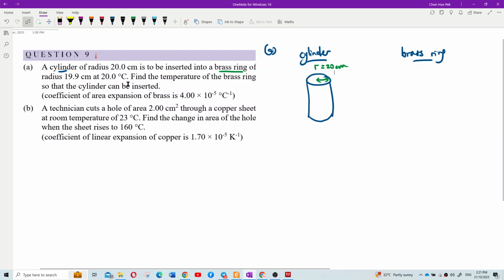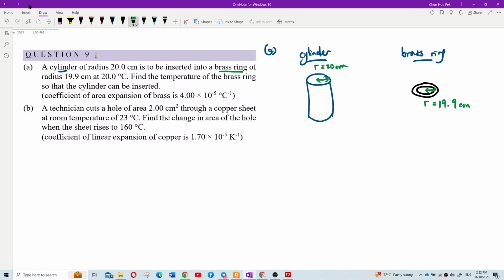And then a brass ring of radius 19.9 cm. This ring has a smaller radius, so this is only 19.9 centimeter.